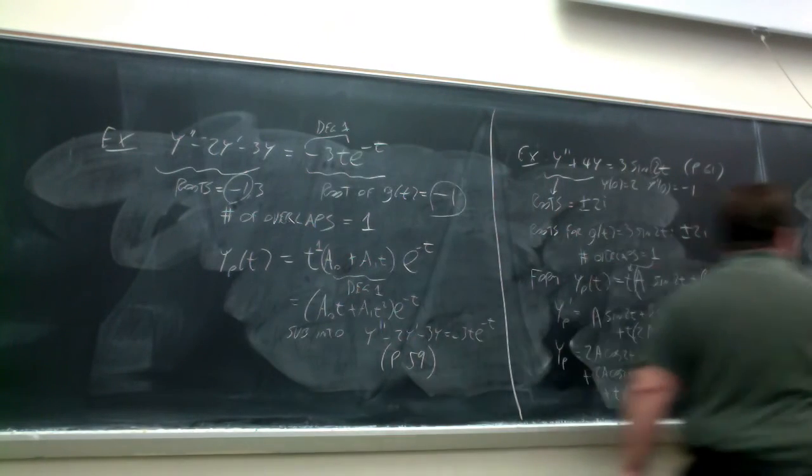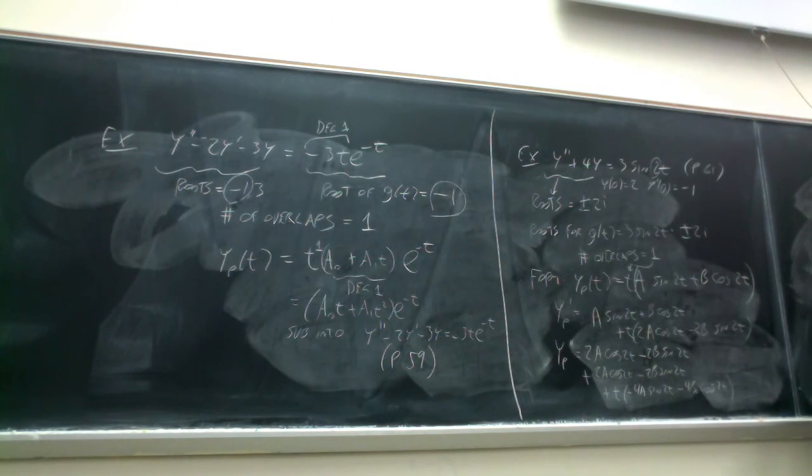So finally, you can substitute all of these. On the left side, we don't need the first derivative. It doesn't appear. We just needed it to get the second derivative.